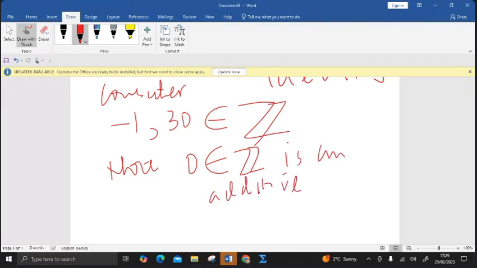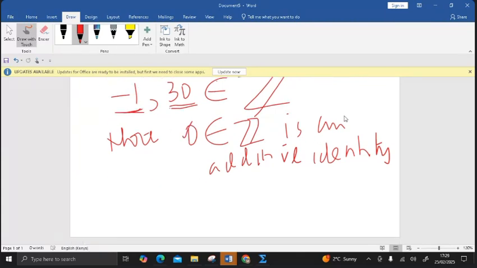Now, note something here. As we've said, 0, which is also in Z, is what we call an additive identity, and this identity element is a crucial one whenever we're looking for the additive inverse of -1 and the inverse of 30.